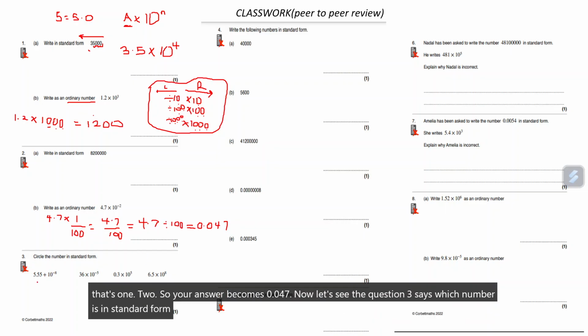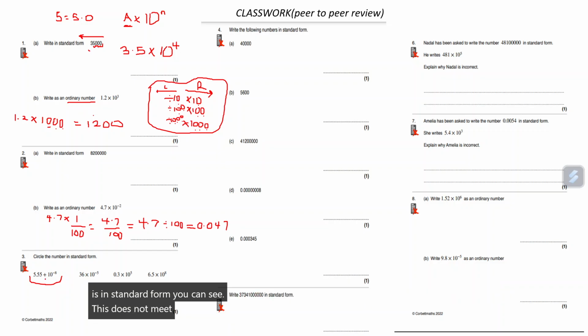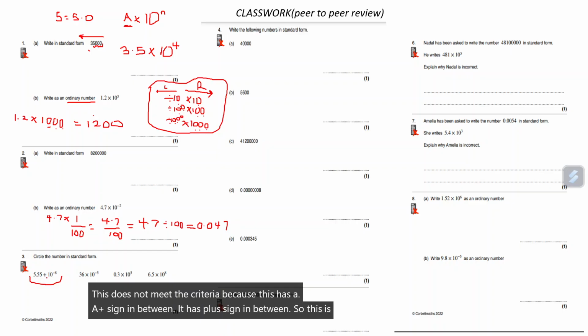Now let's see. Question 3 says, which number is in standard form? This one does not meet the criteria because it has a plus sign in between. This is 5.5 plus 10 raised to the power of 8. No, you can't choose this.